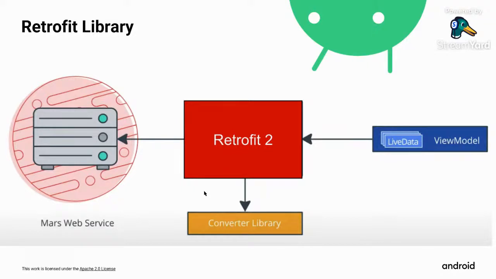If you look here, you have your view model, which, if you remember, is where your data is stored. You have a view model and your live data. They interact with your Retrofit library, which you include as a dependency in your Gradle file, and then you create an instance of it using the Retrofit builder, and you assign a converter library whose role is, when you get back responses from the web service, to convert them into JSON objects.